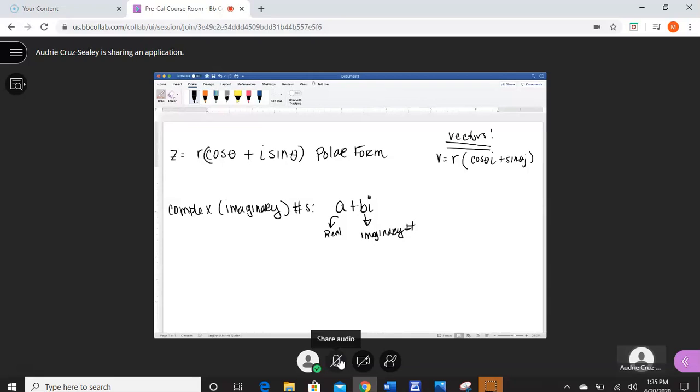Are we okay? Do y'all remember imaginary numbers? So a complex, go ahead. We didn't? On which page?